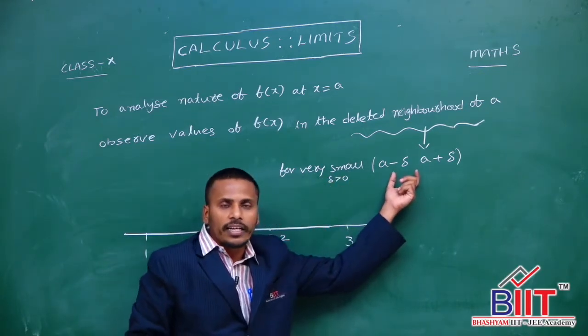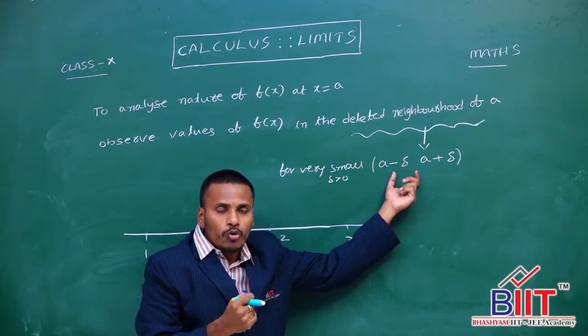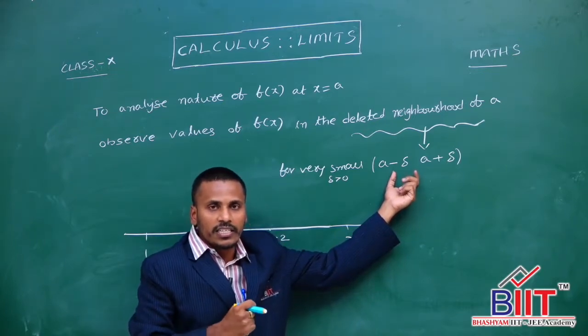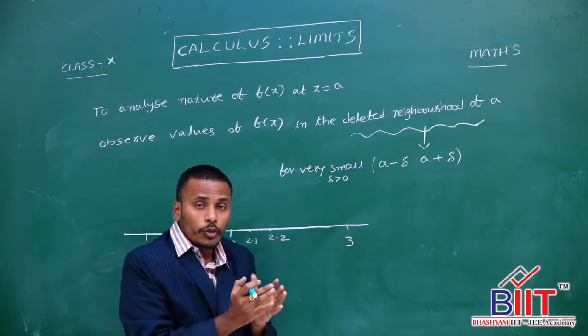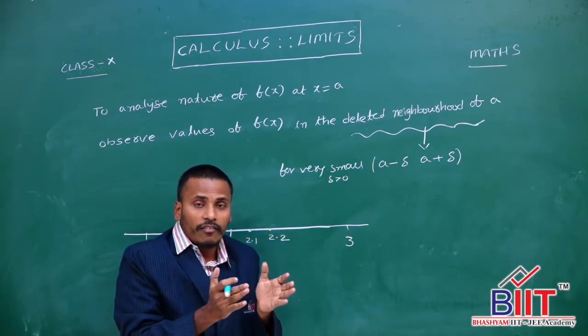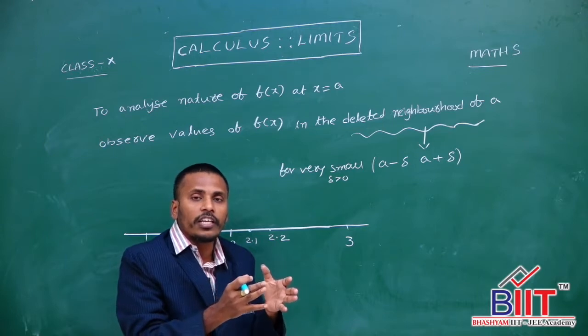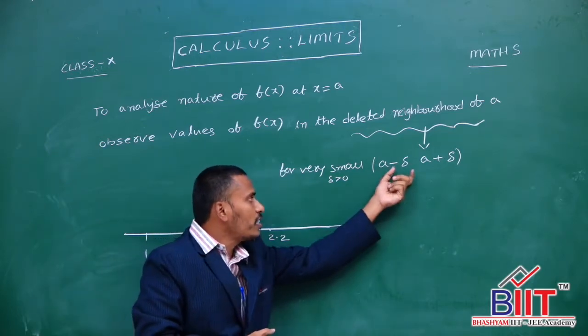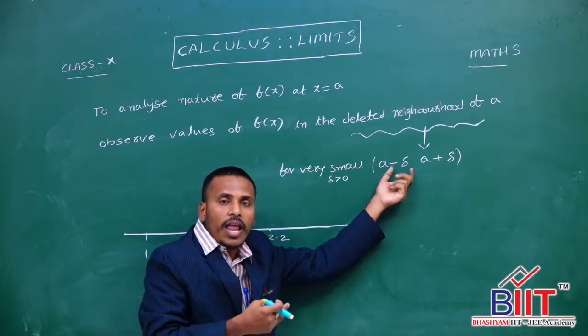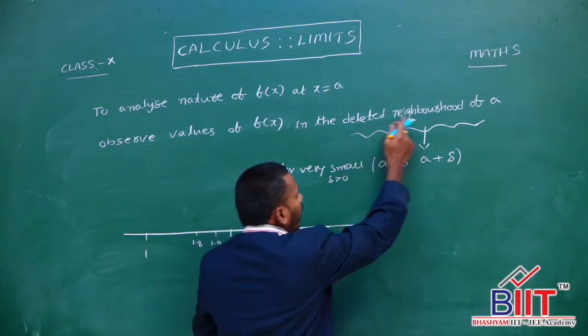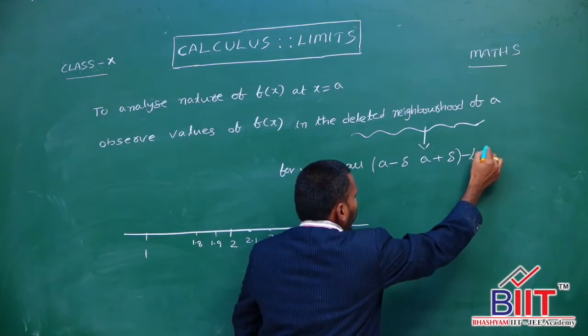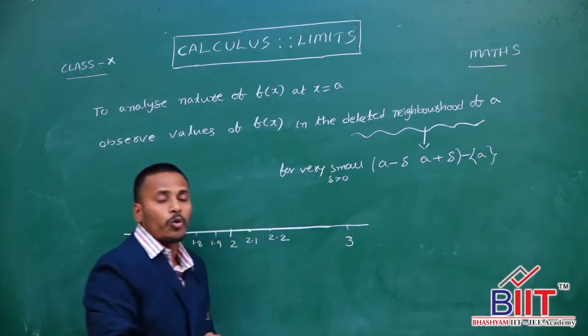This interval is considered the deleted neighborhood of a. That is, you need to consider the values which are very near to a. Imagine this interval as small as you can, and from this interval you eliminate a. So, this is basically the deleted neighborhood of a.